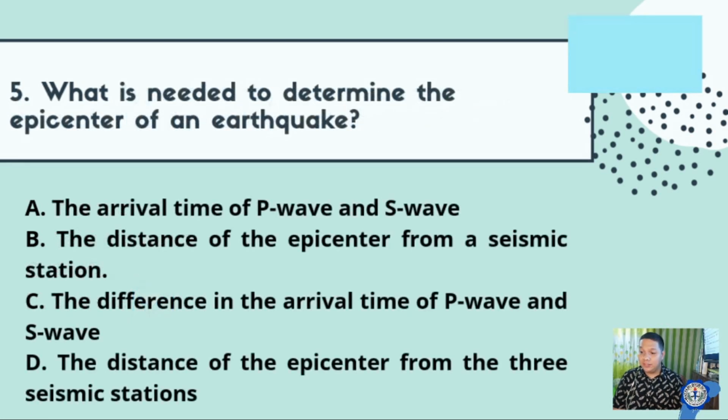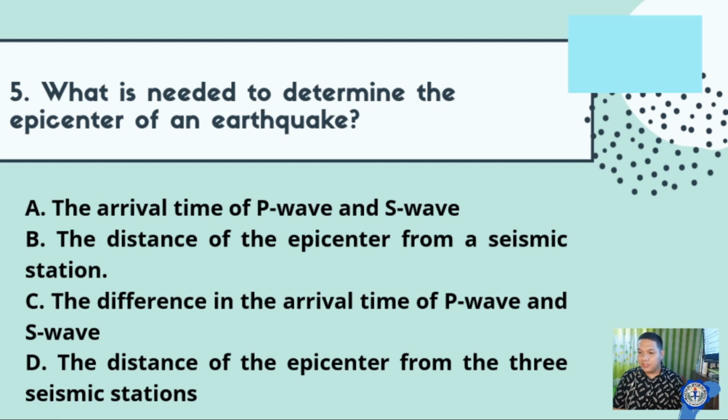Next question. What is needed to determine the epicenter of an earthquake? Letter A, the arrival time of P wave and S wave. Letter B, the distance of the epicenter from a seismic station. Letter C, the difference in the arrival time of P wave and S wave. Or letter D, the distance of the epicenter from 3 seismic stations.